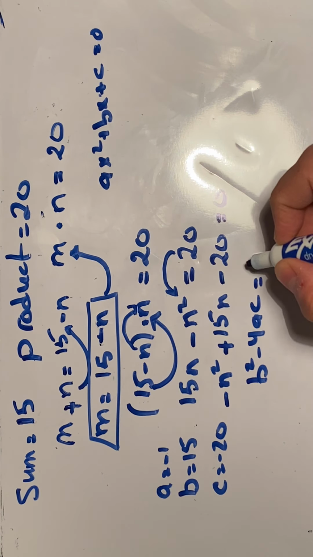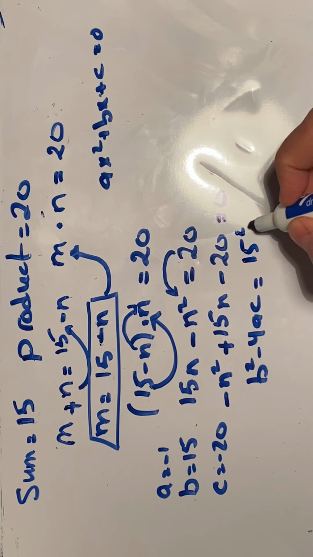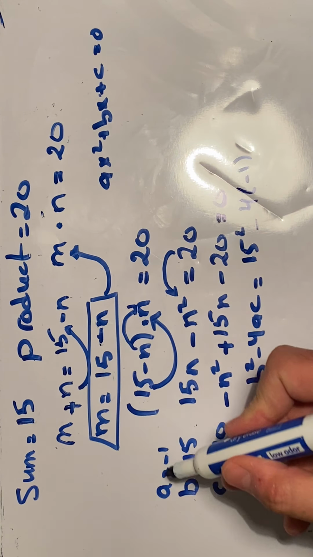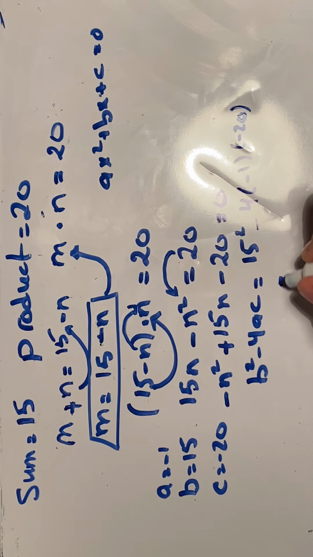So b squared minus 4ac: b squared is 15 squared, minus 4, a is negative 1, c is negative 20. 15 squared is 15 times 15, that's 225.